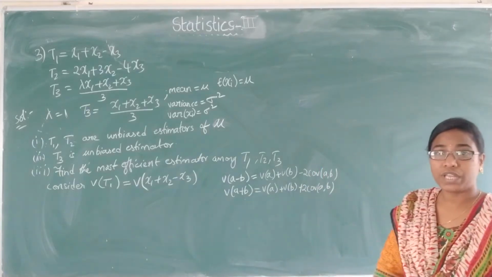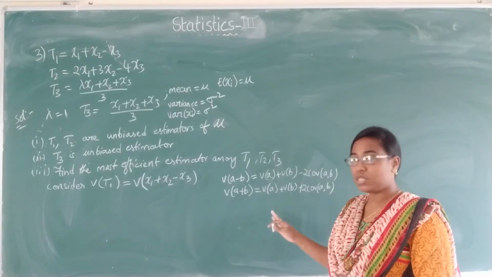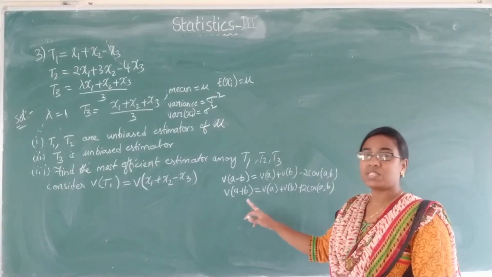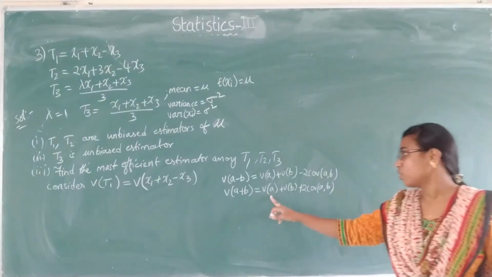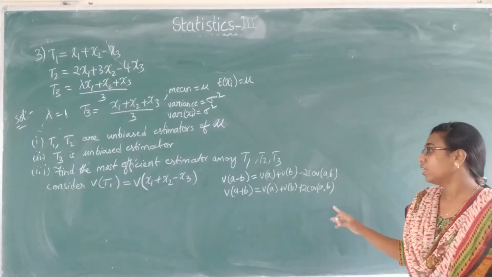We have all these variance formulas from our last semester. Whenever you have three variables, that means a plus b minus c, you get variance of a plus variance of b plus variance of c, and covariance terms.